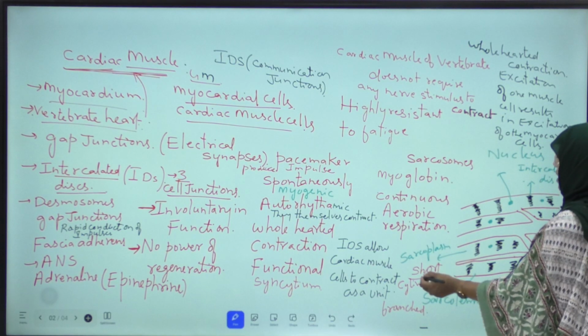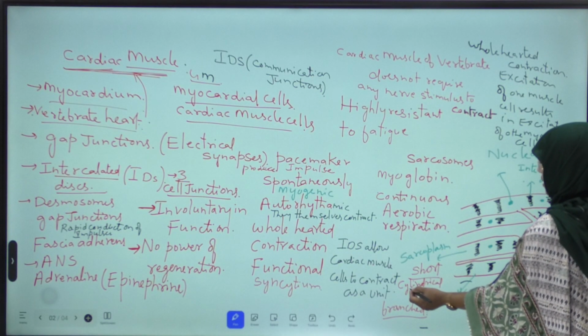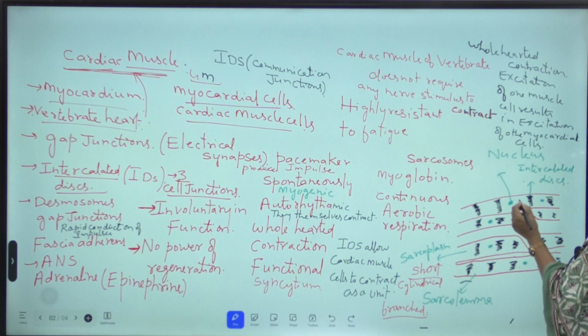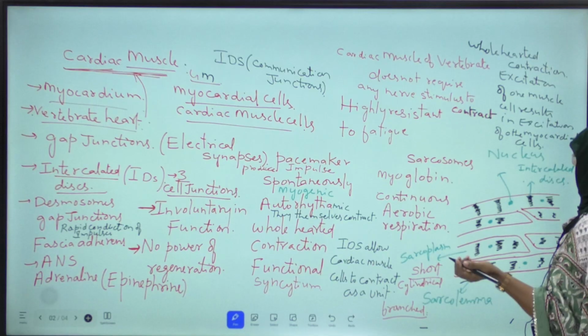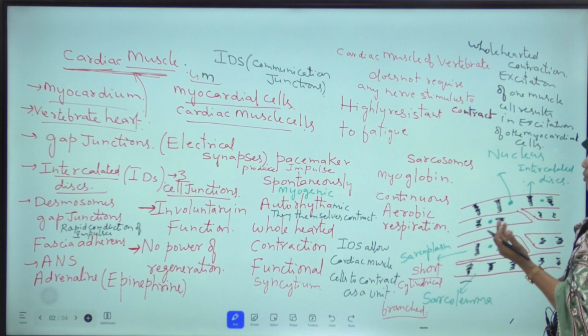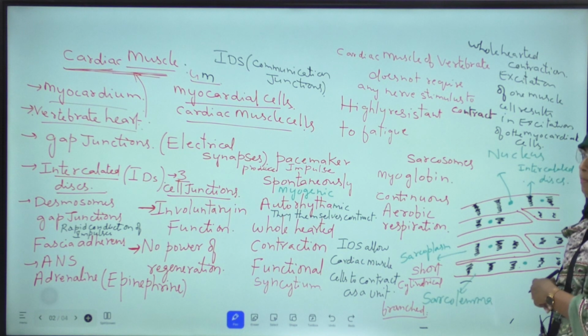These cells are short and cylindrical, and they consist of a single nucleus or two nuclei. If a single nucleus is present, the cell is called mononucleate. If two nuclei are present, it is binucleate.